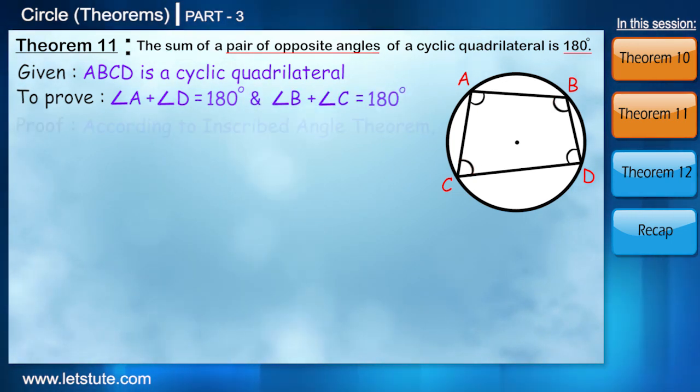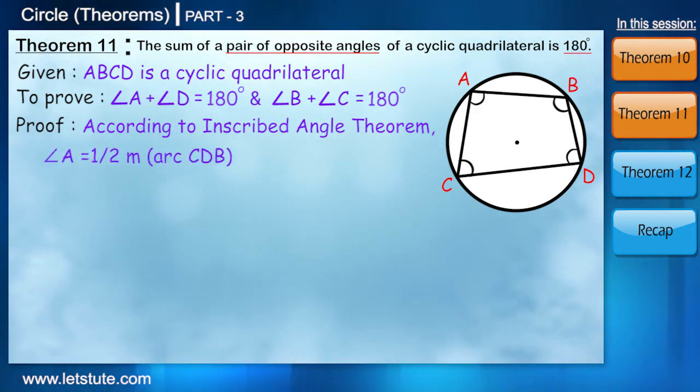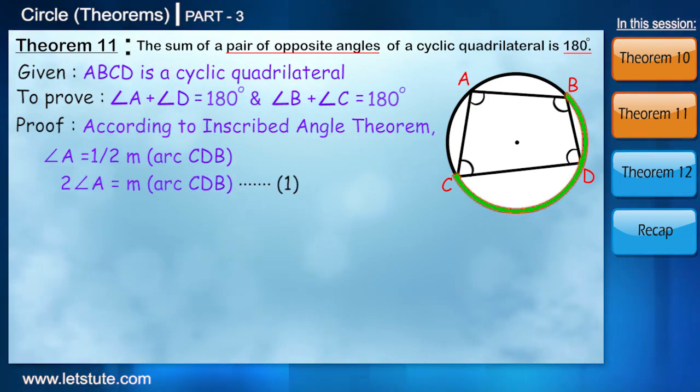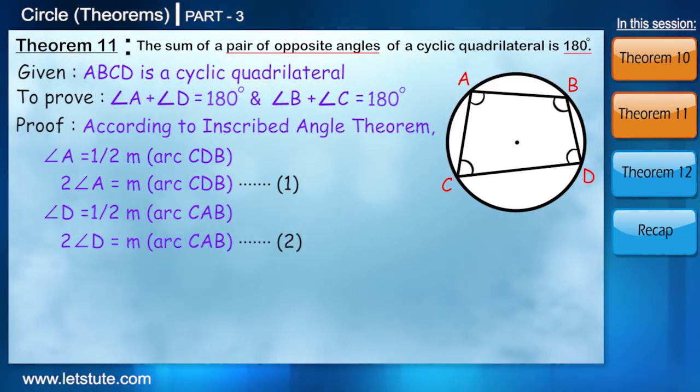According to the inscribed angle theorem, angle A is equal to half of the measure of arc CDB. So, twice angle A is equal to the measure of arc CDB. Same we can say for angle D, that angle D is equal to half of the measure of arc CAB. So twice angle D is equal to the measure of arc CAB.